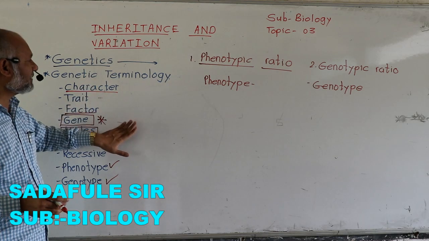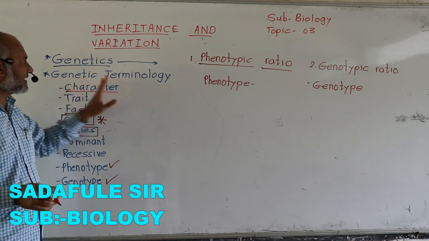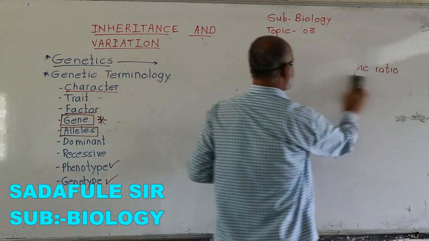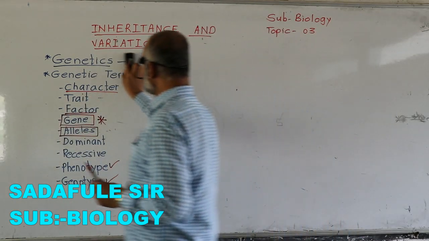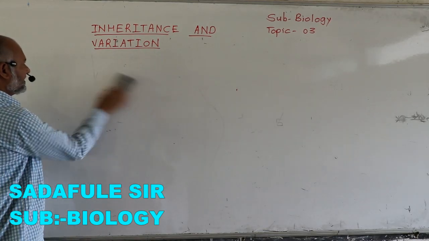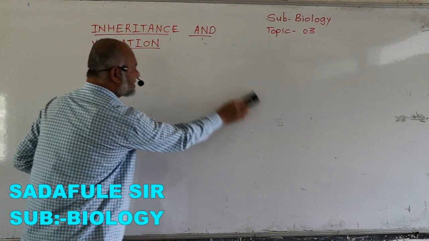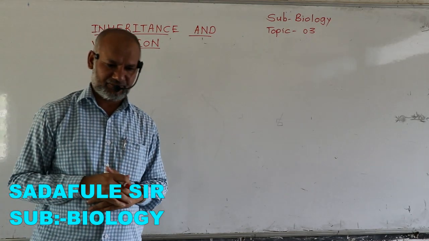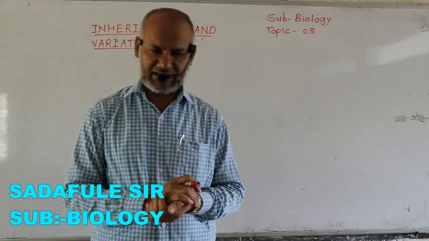Okay, so this is about the genetic terms, or genetic terminology, used in the study of inheritance and variation. Now, the question is, which experimental material was used by Mendel?